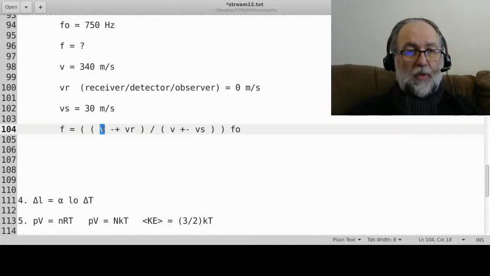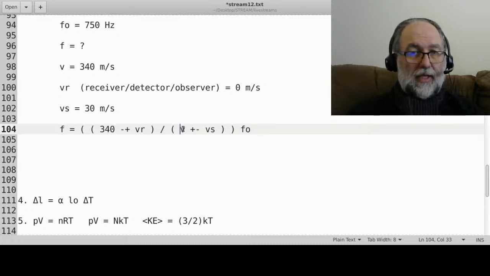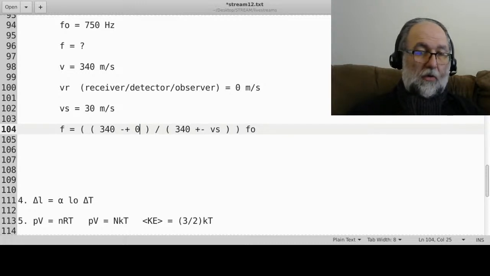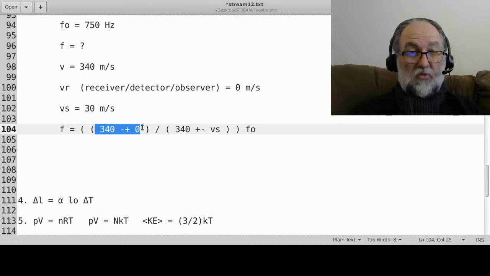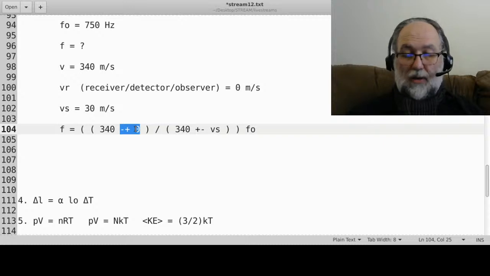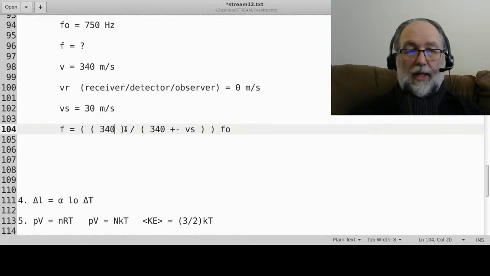That v is the 340, because that's the speed of sound. The receiver is 0. Whether you subtract 0 or add 0, it doesn't matter. That's just going to drop out, so we don't have that plus or minus in the numerator.